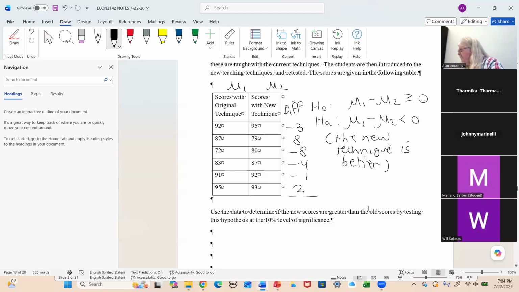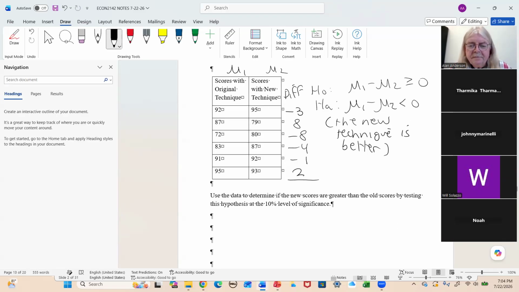Now remember, this is the one that's written a little differently. Oh, I see what I did up here. With matched pairs, these are not wrong, but you normally write it like this. The mu with the little d is there to remind you that this is the mean of the differences, not the actual values.